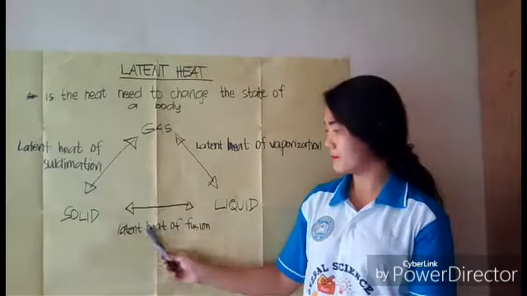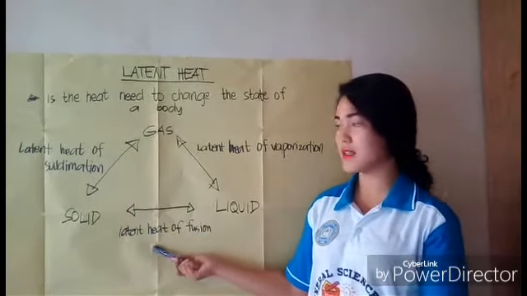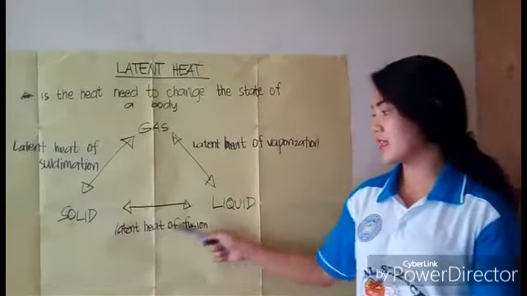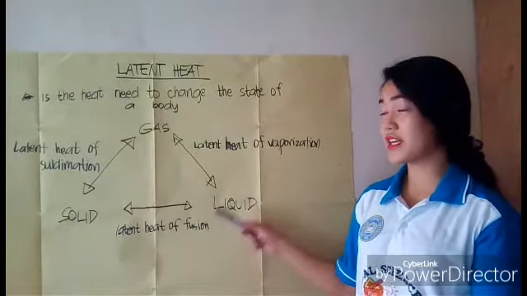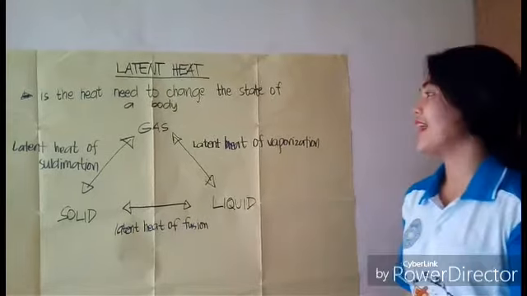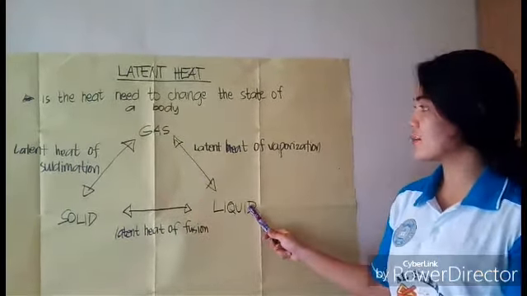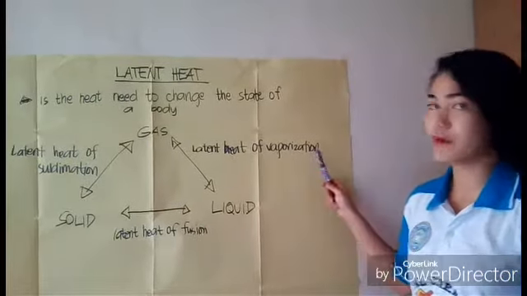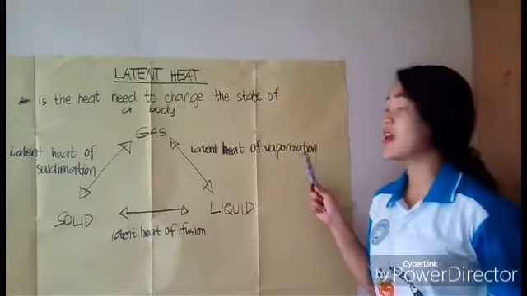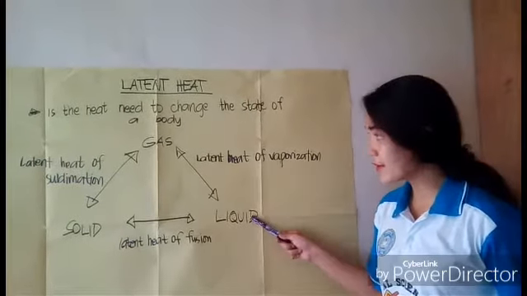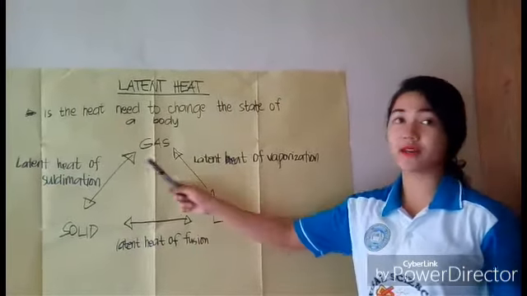To change the phase from solid to liquid or liquid to solid, we need the latent heat of fusion. From liquid to gas and gas to liquid, we need the latent heat of vaporization. This is the heat needed to change the phase from liquid to gas, or gas to liquid.